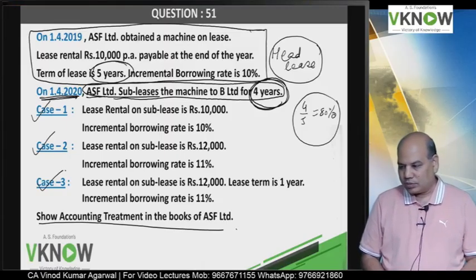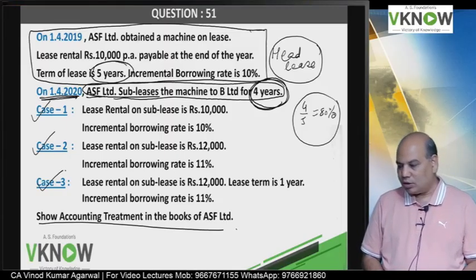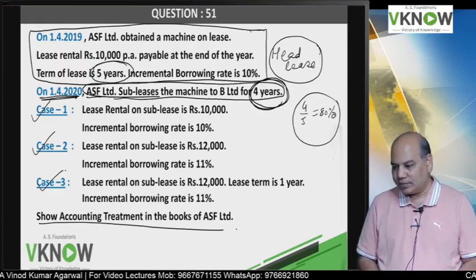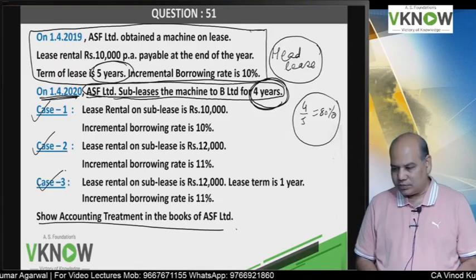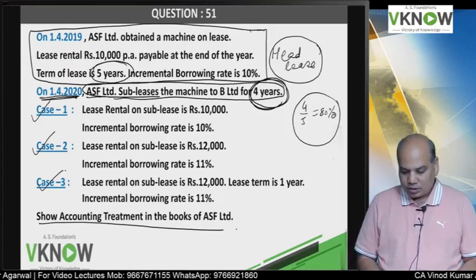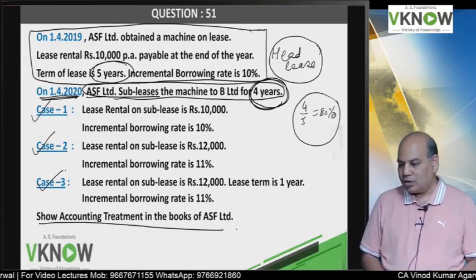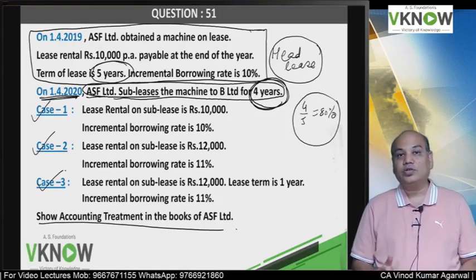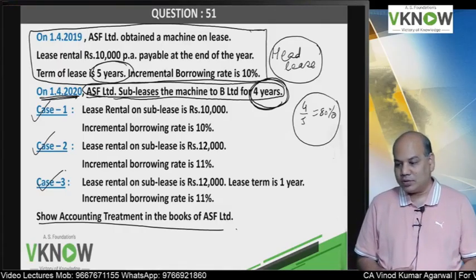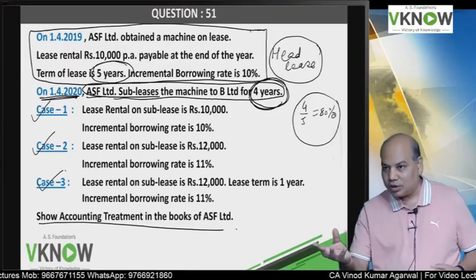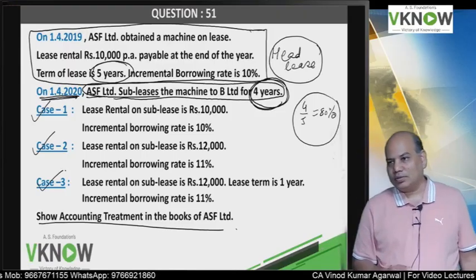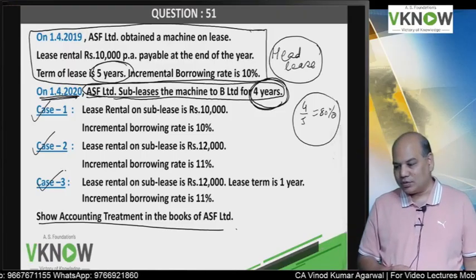Case 1: lease rental on sublease is 10,000 and incremental borrowing rate is also 10%. Very easy. Case 2: lease rental on sublease is 12,000. See your business. You have taken the asset on lease for 10,000 and now you are giving it to the sublessee for 12,000.